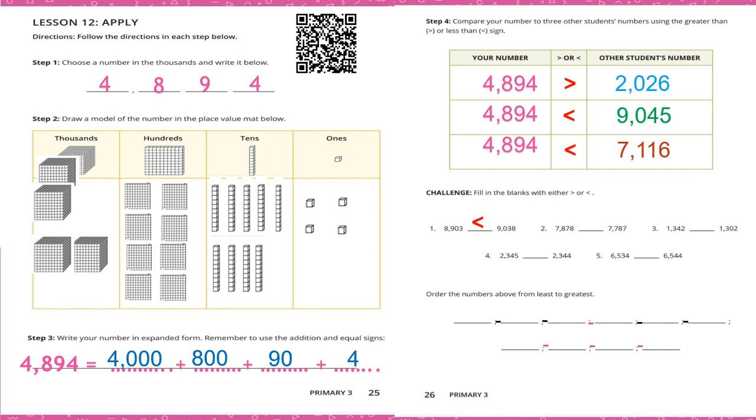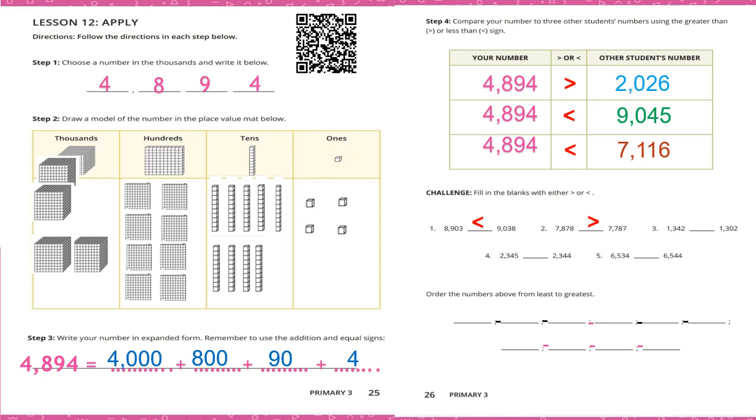In number 2, 7,878. And the other number, 7,787. Which is greatest? We will look at thousands. We have here 7 and 7. So look at hundreds. We have in hundreds here 8, and in the other one 7. So 8 is greater.